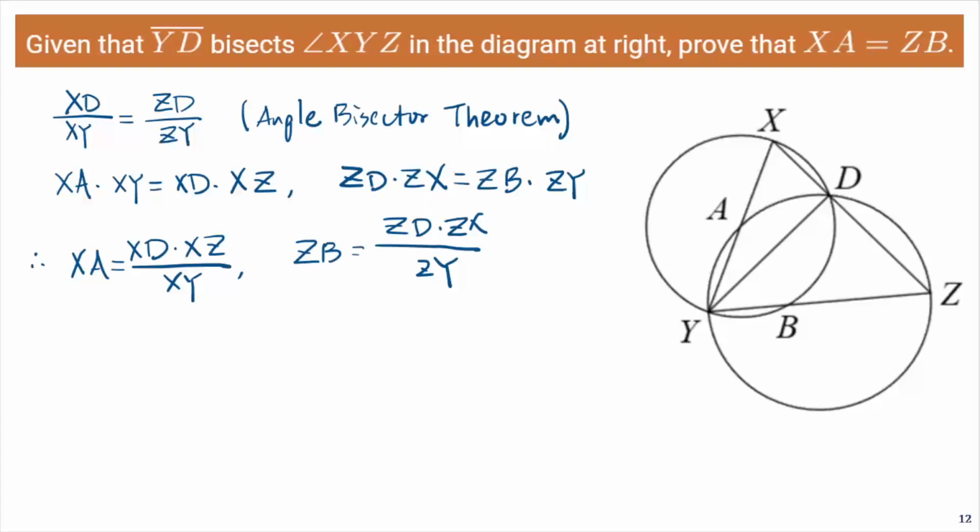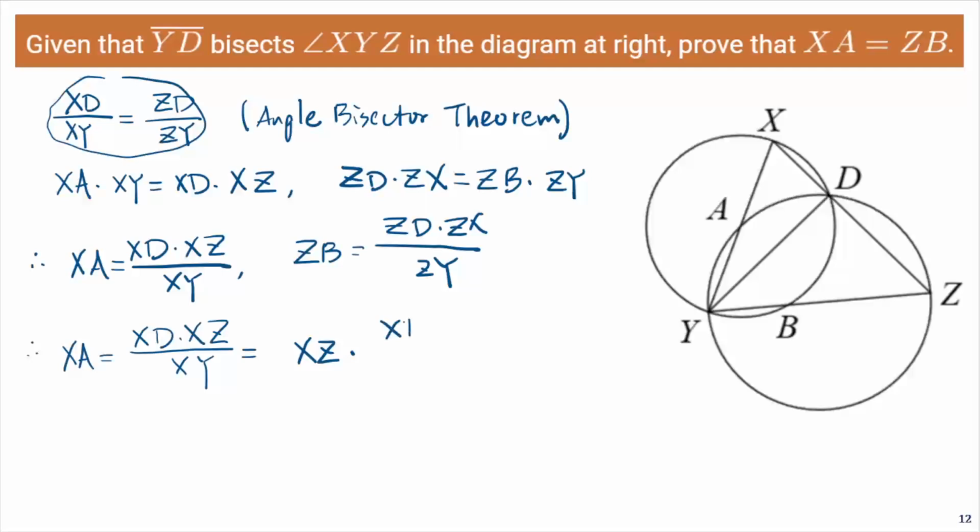We need only show these two expressions are equal. We have XZ in common, and we already know XD over XY equals ZD over ZY from our angle bisector theorem. So we can put this together to show XA equals XD times XZ over XY, which equals XZ times XD over XY.